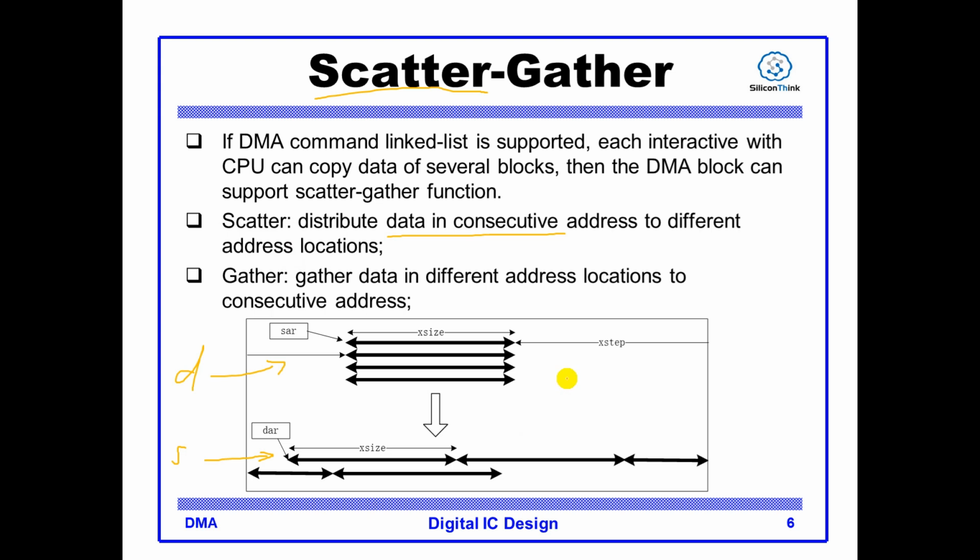And in the reversed manner, it's a function of gather. That is, the DMA controller can gather data in different addresses to consecutive addresses. For example, this is the data at the source location. This is the data at the destination address.